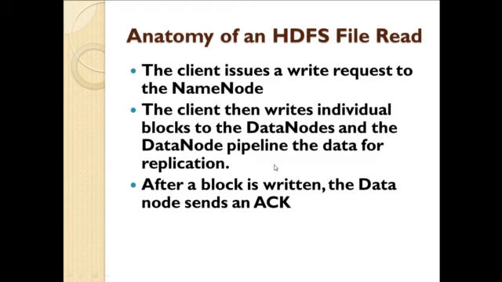The client writes the data on the first data node. Then after the write on the first node, the data node itself replicates the data to the succeeding data node. That's how replication is produced.